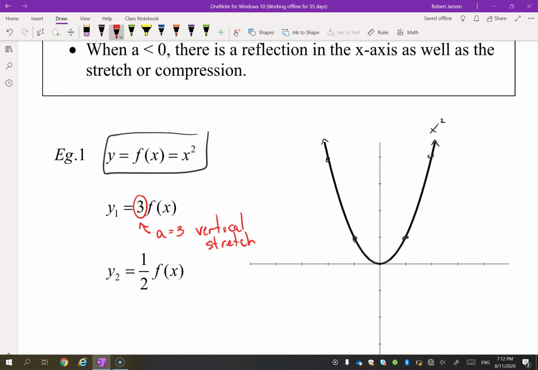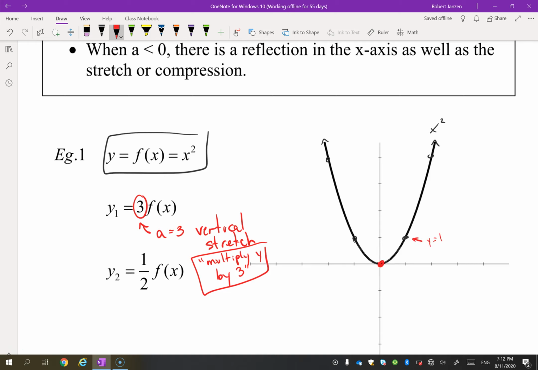And rather than say vertical stretch, I would even say multiply the y value by 3. Okay, that's what I like to say when I see that A value. So what is the y value right at the vertex? The y value is 0. If I multiply that by 3, it's still 0. What's the y value right here?